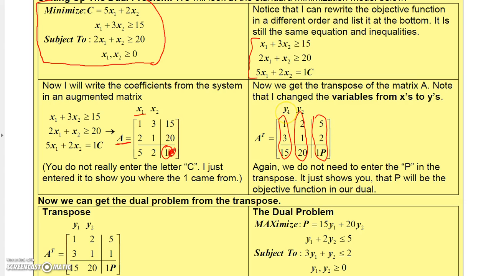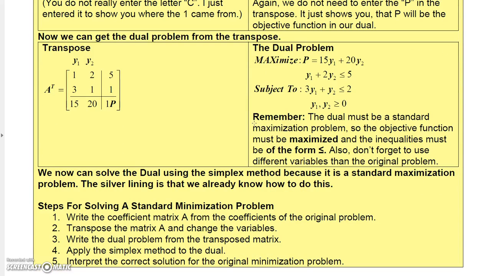Notice above this column I wrote y1 and y2 instead of x1 and x2. And instead of using C for my dual problem, I'll use P. From this transpose, I'm going to get the dual problem. So let's take a look down here. Here's the transpose again, rewritten.